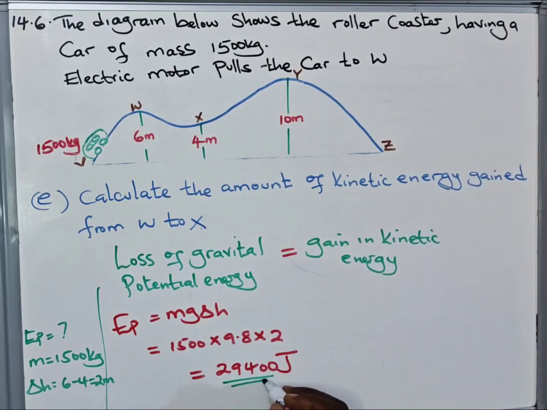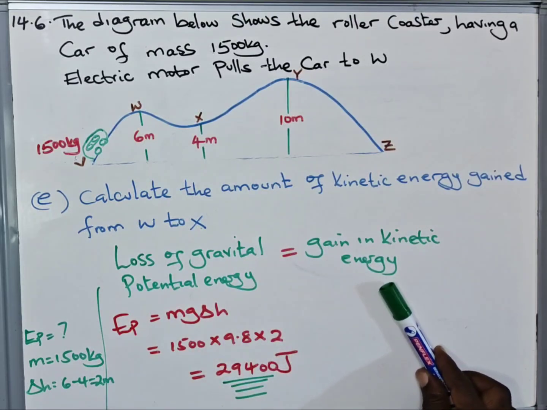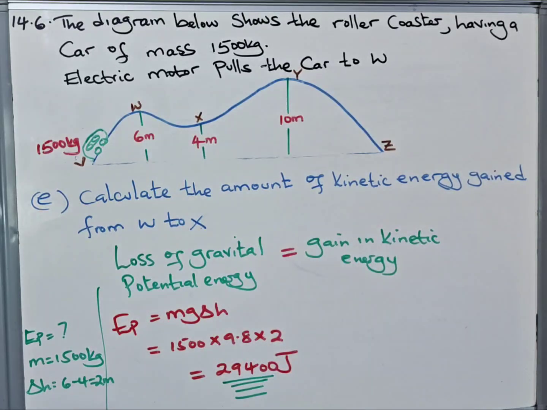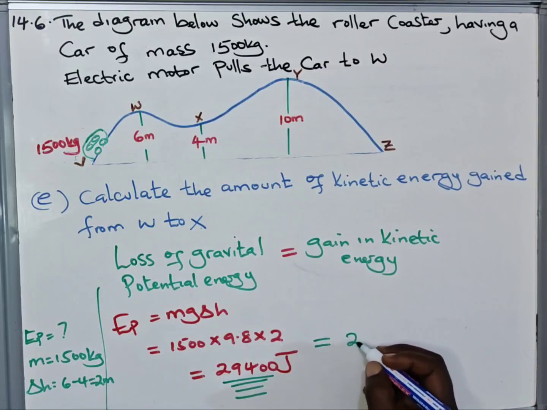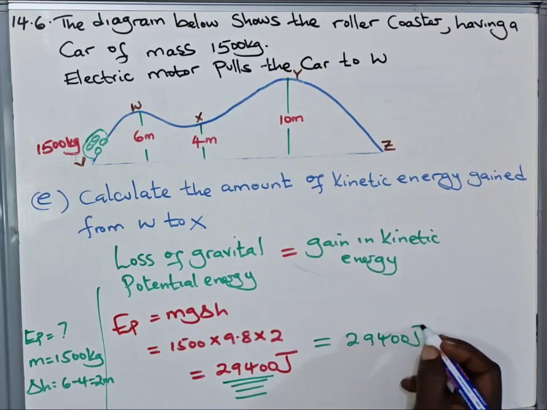So this is what we have as the loss in potential energy. But we must not forget that the loss in potential energy is equal to the gain in kinetic energy, which is wanted by the question. So the answer is the same: 29,400 joules.